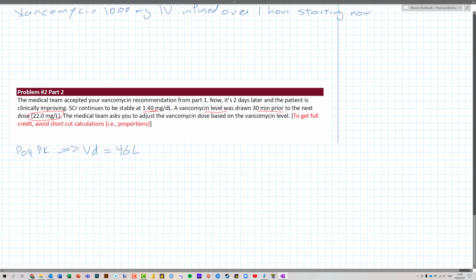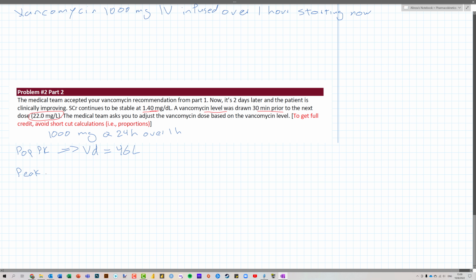Now what we can do is extrapolate from this 22 and see what our peak is. That's essentially because we recommended 1000 milligram every 24 hours over 1 hour.